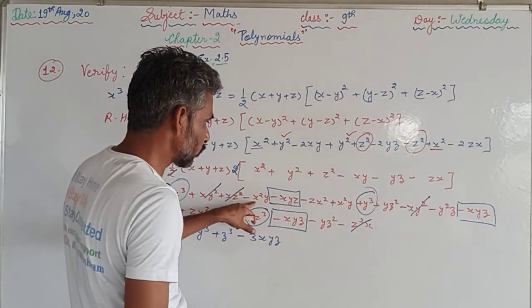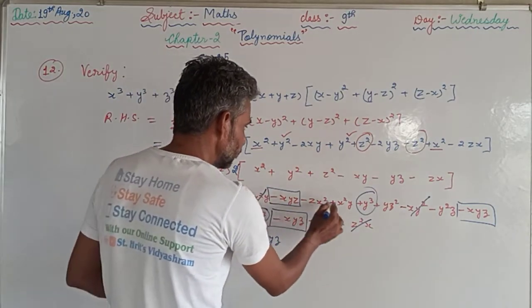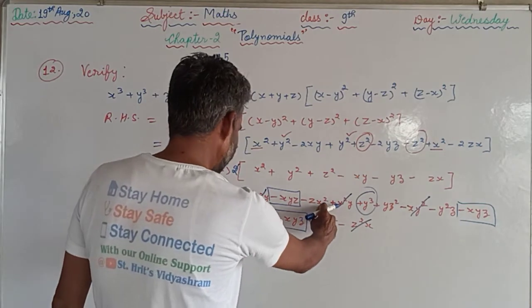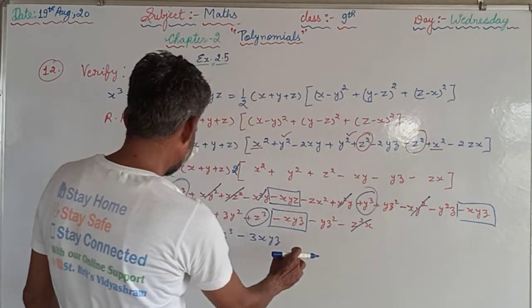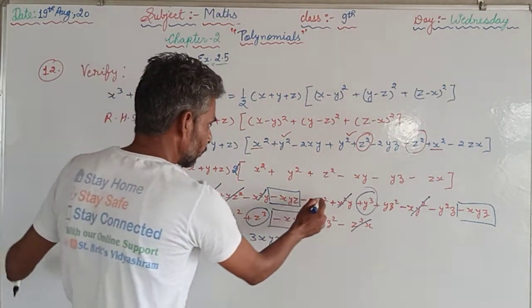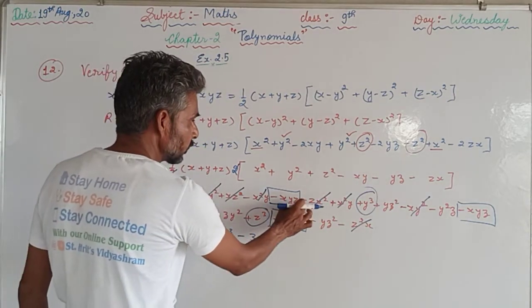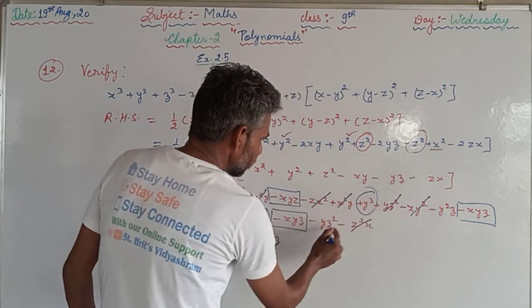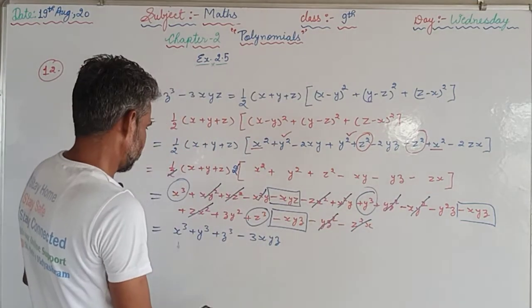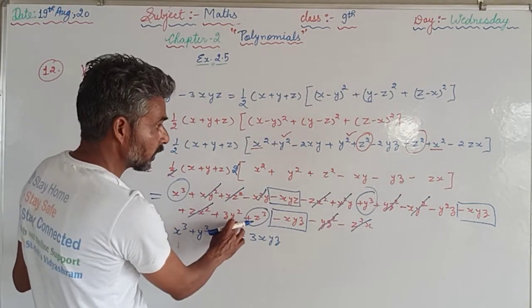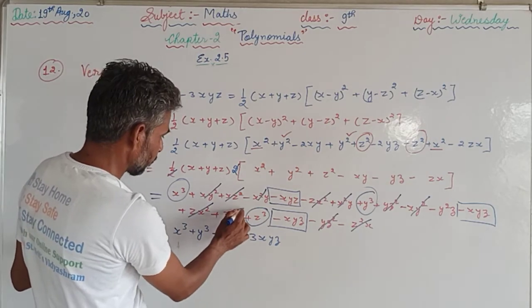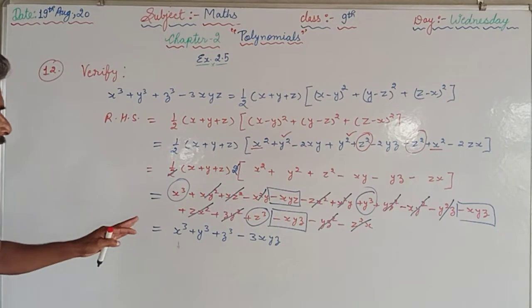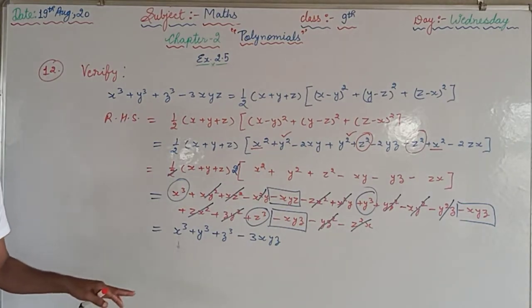Afterwards x square y, zx square, yz square, and zy square terms all cancel out, plus with minus.